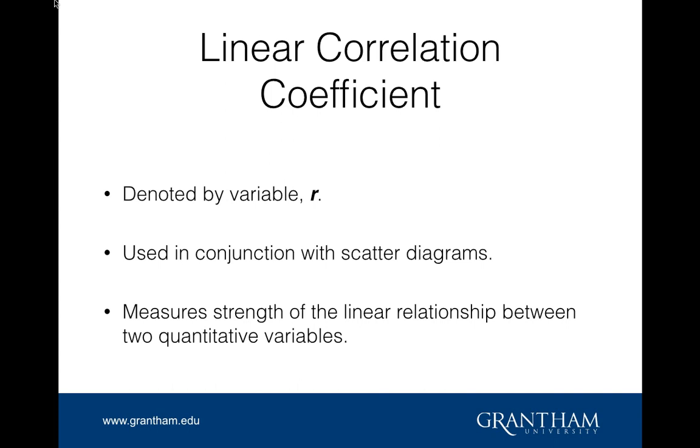That means as one goes up, the other one goes down. If the R is close to 0, it implies that there is no linear relationship between the two variables. And if the R is close to +1, it implies that there is a positive linear relationship between the variables. As one increases, the other increases.